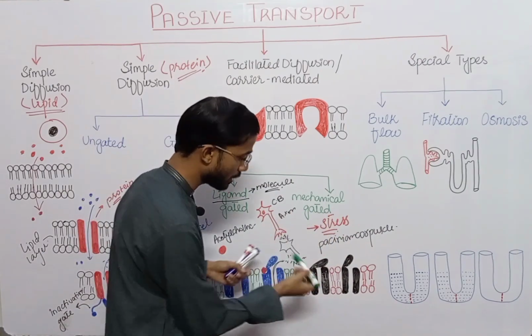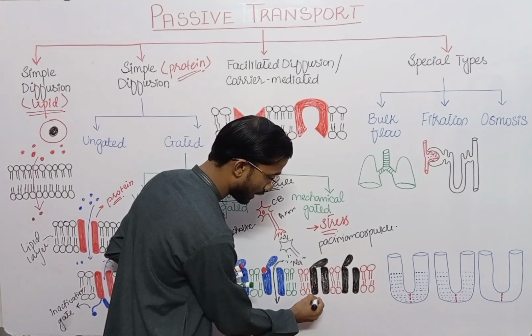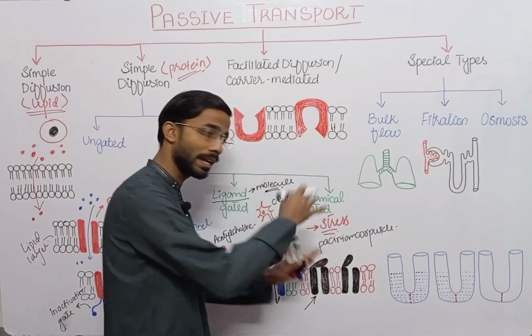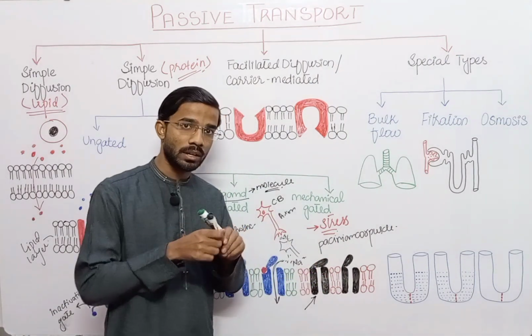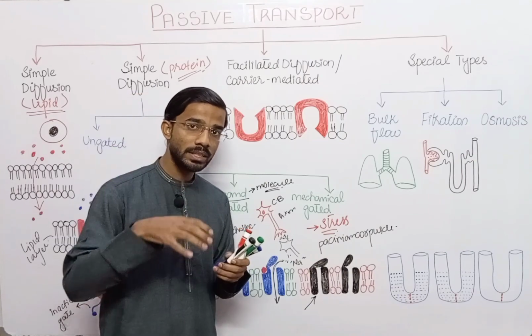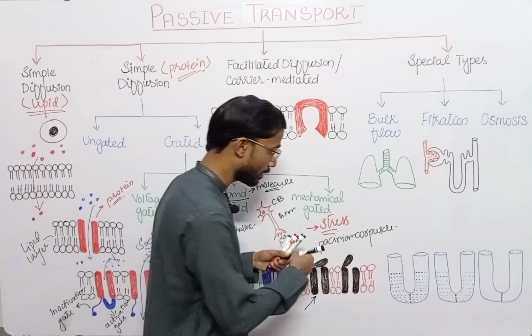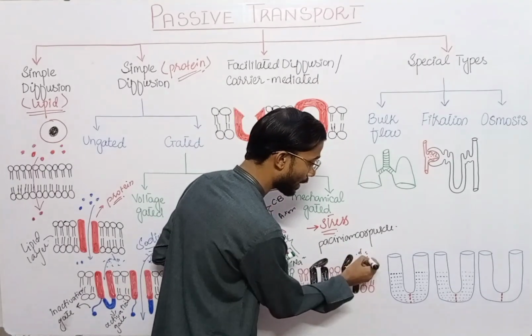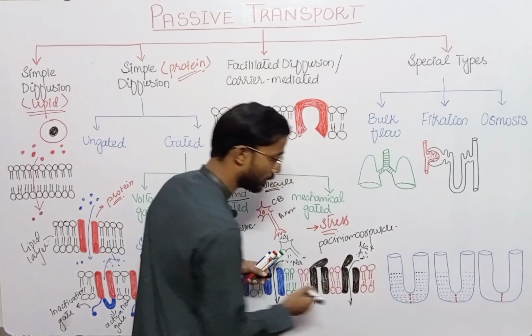Here is the mechanical gated channel, and there is a gate present over this channel. When pressure is applied on the skin, this gate will open and the molecules which are present outside, let's suppose sodium, will start moving inward.